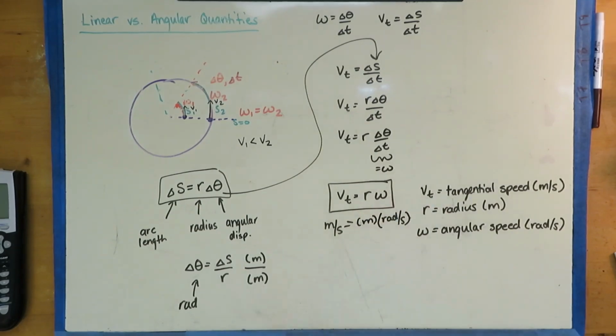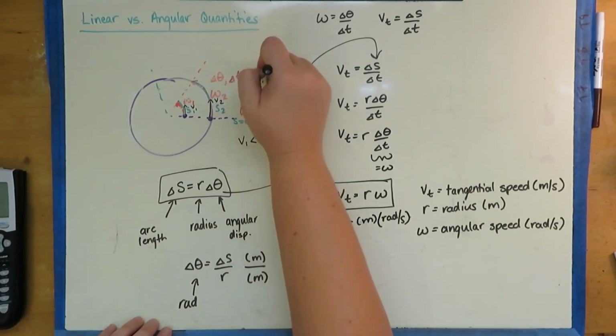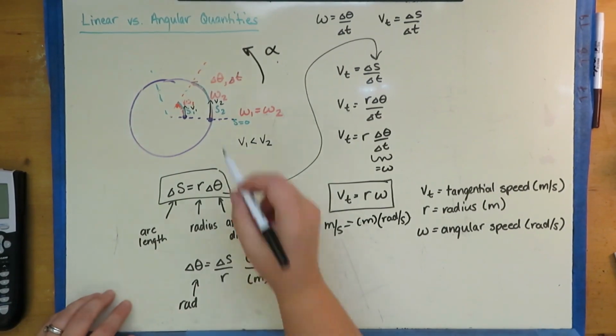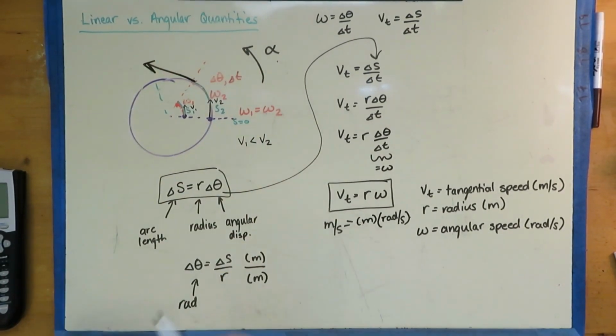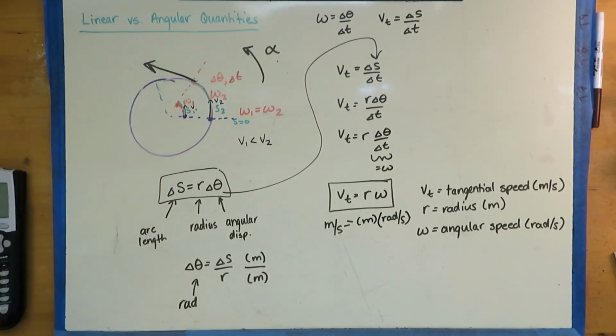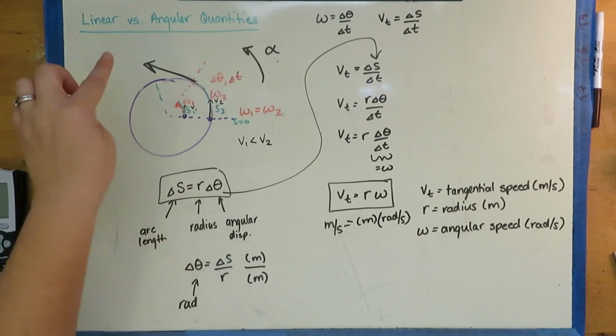And then the direction of Vt for the vector quantities would be determined just by looking at the picture. Just like we have a tangential velocity, if I was accelerating and had an angular acceleration, then these points are going to have an even bigger speed. Let's say I was speeding up around the circle, or I could be slowing down with a negative acceleration. But let's say my acceleration is in the same direction as I'm rotating, so I'm speeding up.